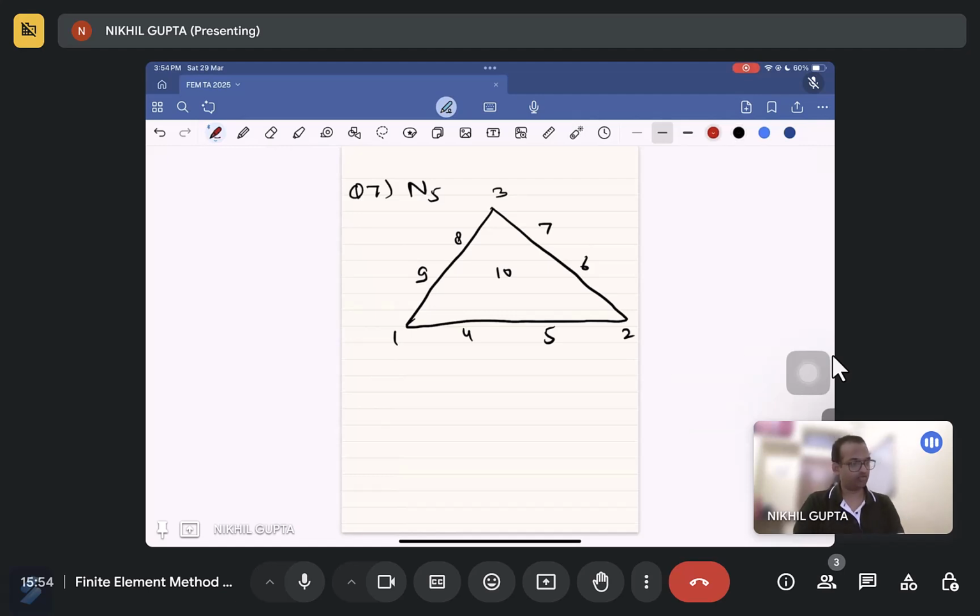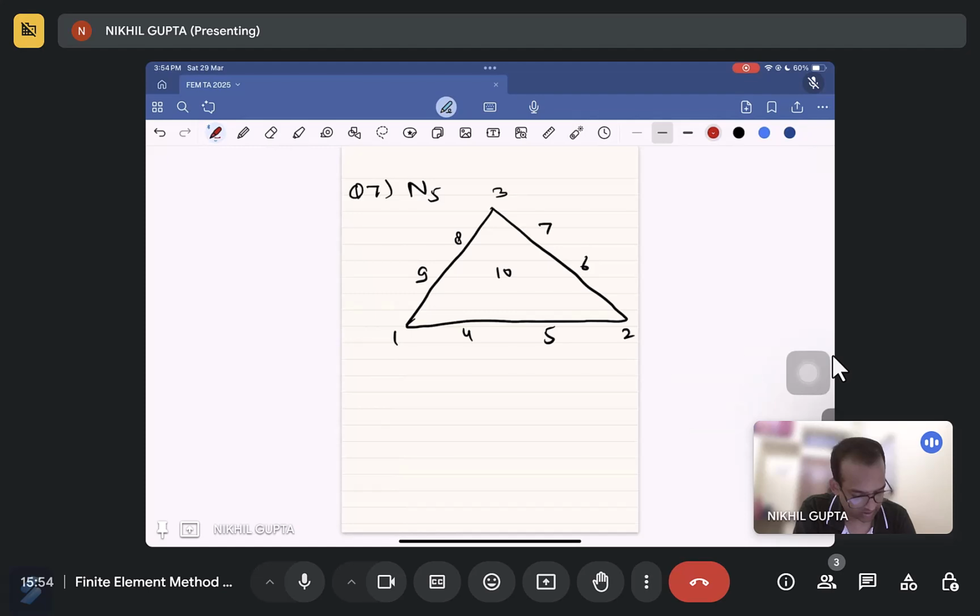Okay, now you have to find the N5 for this. Do you know how to do it? Yeah, by the method that you taught us, using the lines, that I know. But the area coordinate, could you tell us?